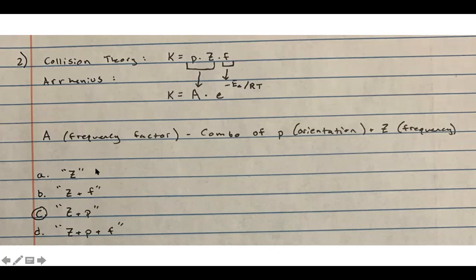So A described our Z portion, option B represented Z and F in collision theory, while C, the correct answer, represented Z and P. Again, orientation and frequency.